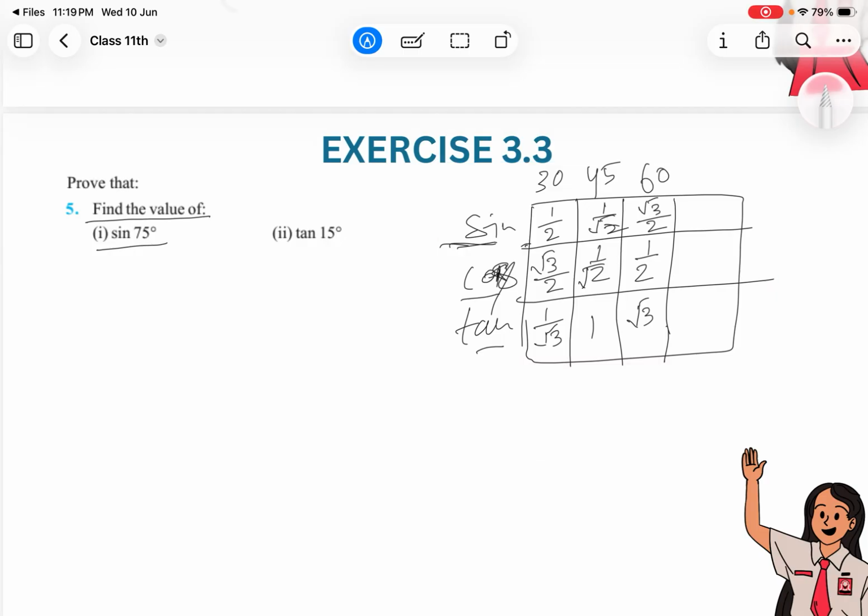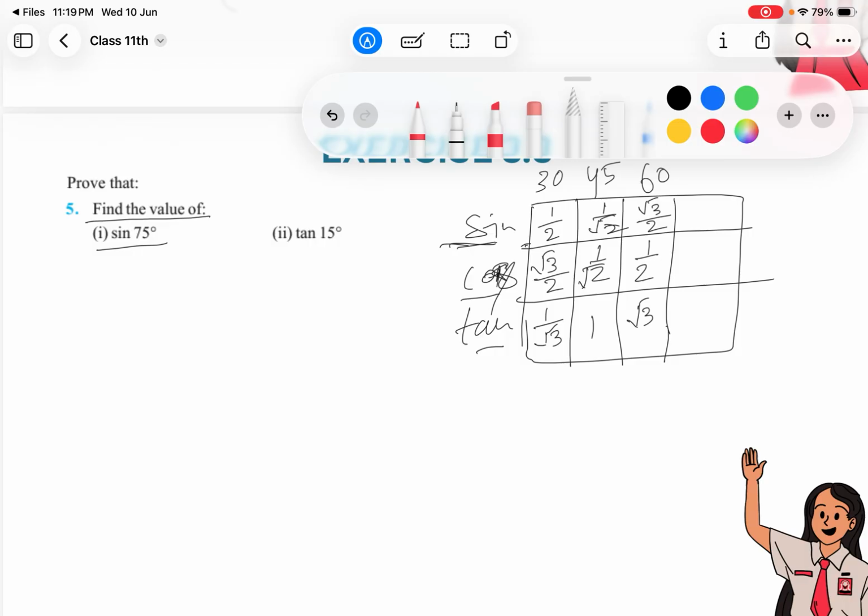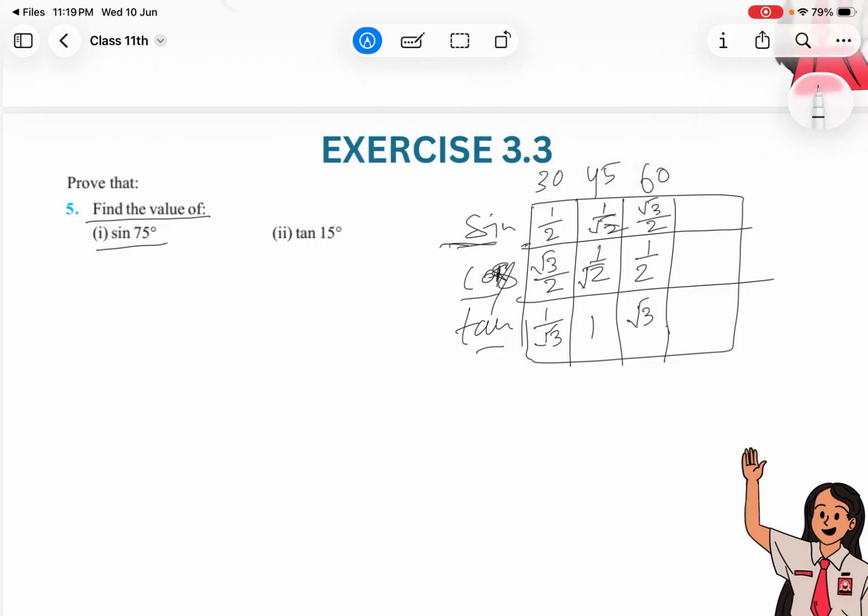Now we have sine 75 degree, and you will not find the value of sine 75 degree anywhere. So what you can do is write sine 75 degree like sine of 45 degree plus 30 degree. Okay, I hope this is clear to you.